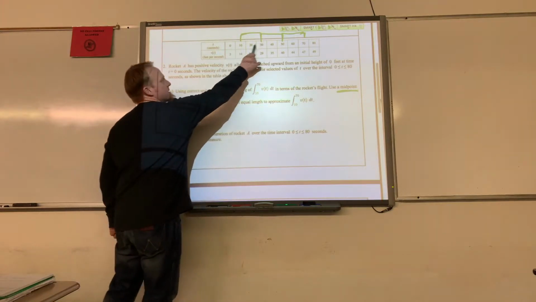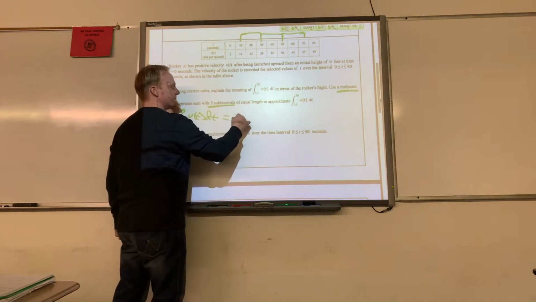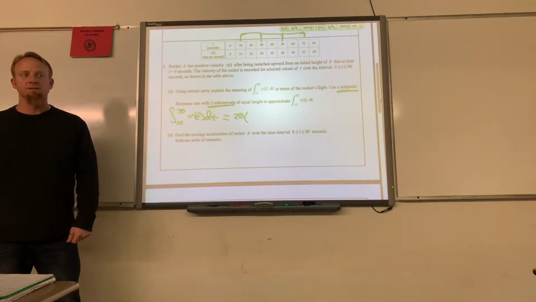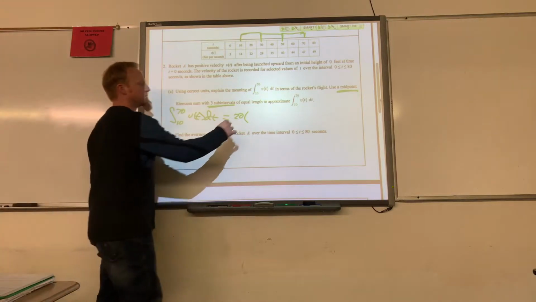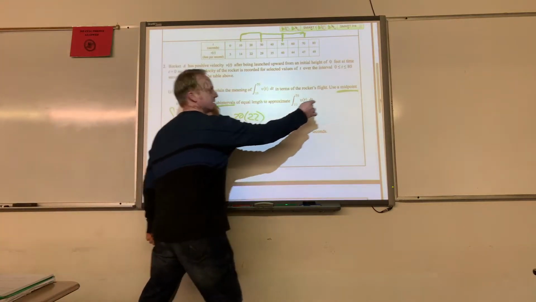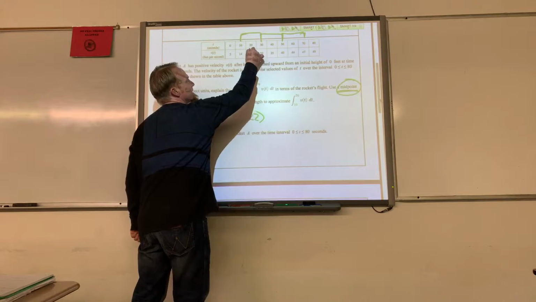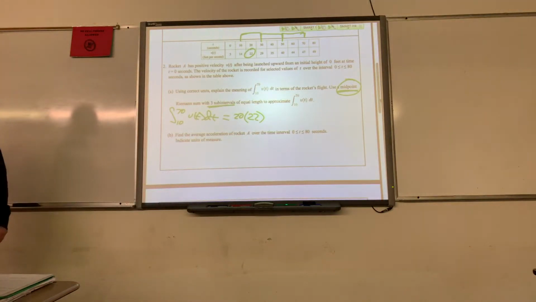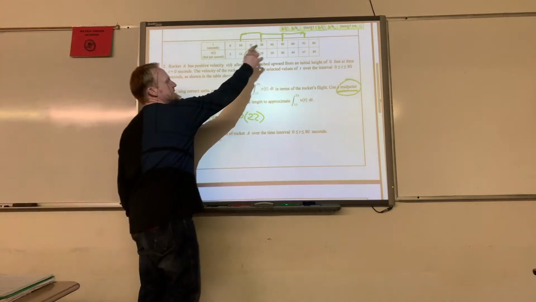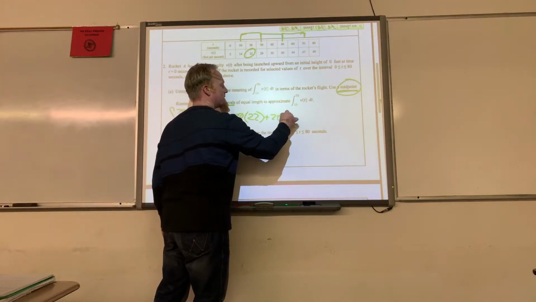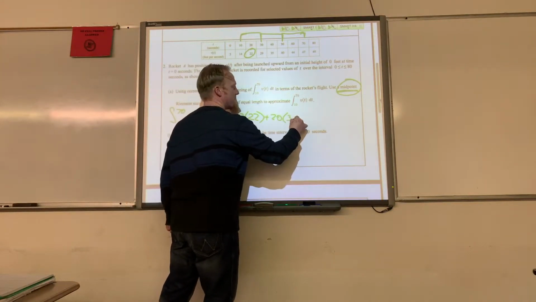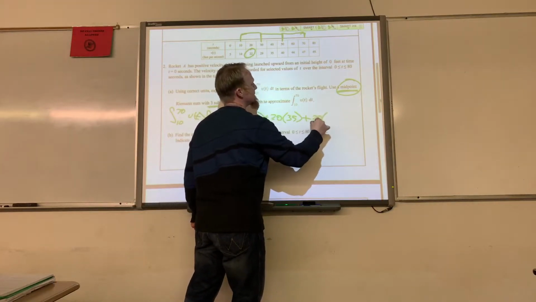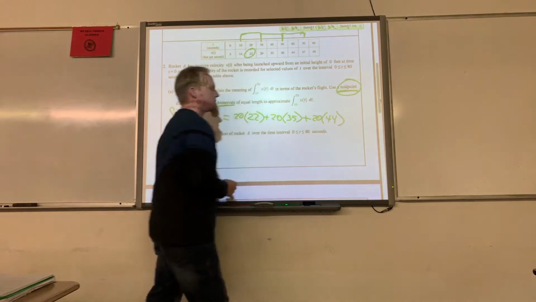How far? 20. And what do I want to multiply by? 22. Because what am I doing? Midpoint. I need the one in the middle. How far on the next one? 20. What's the one in the middle? 35. How far? 20. The one in the middle? 44.